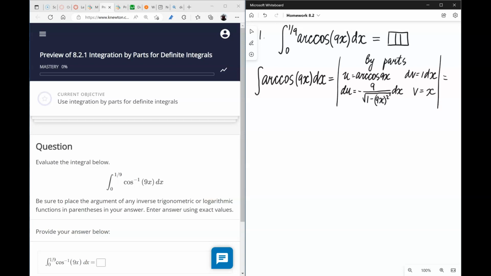So in this integration by parts, we continue by writing out uv, so it's x arc cosine of 9x minus integral of v du. So v, and I'm just going to take out this negative in the front, we have 9x over square root of 1 minus 9x squared dx.